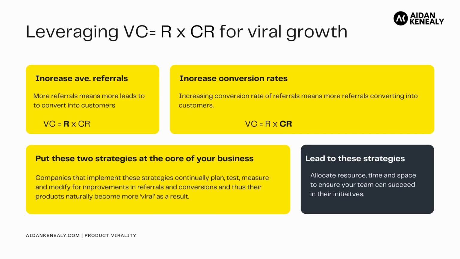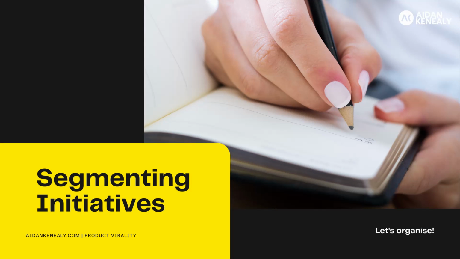Then we need to commit to these strategies. This means allocating resource, time, and space to ensure your team can succeed in their initiatives. Next, a good framework that allows us to segment referrals and conversion initiatives is really important so that we can keep track of what we're doing.